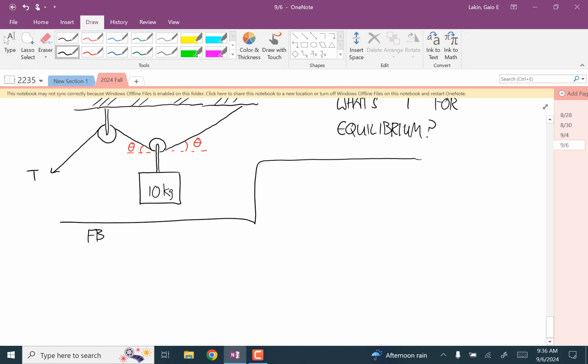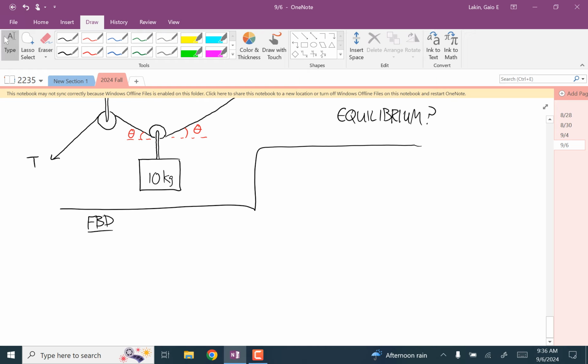Okay, so the free body diagram, I'm going to isolate all of the hanging stuff again. So we have this pulley, the little bits of the cable coming from the pulley.